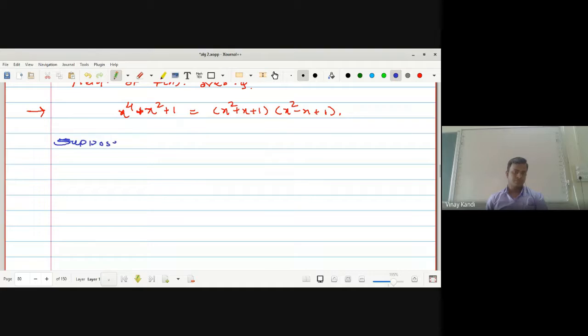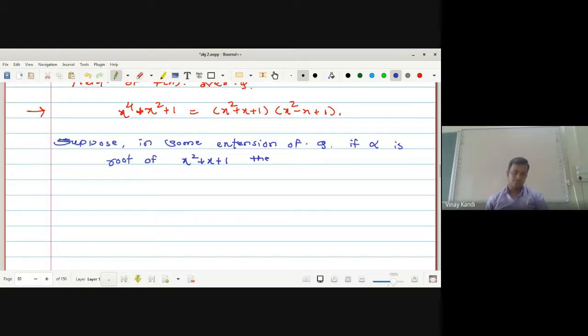Suppose in some extension of Q, the field of rational numbers, alpha is a root of x^2 + x + 1.